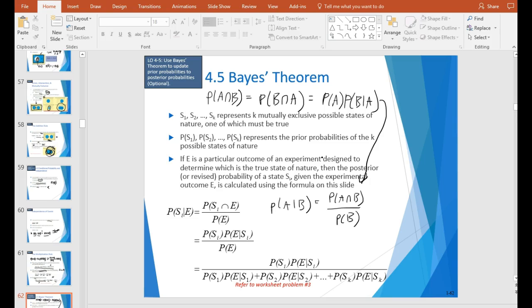And all the while A is going to be S sub I, and B is going to be E. So they use the multiplication rule to sub in for the top here.